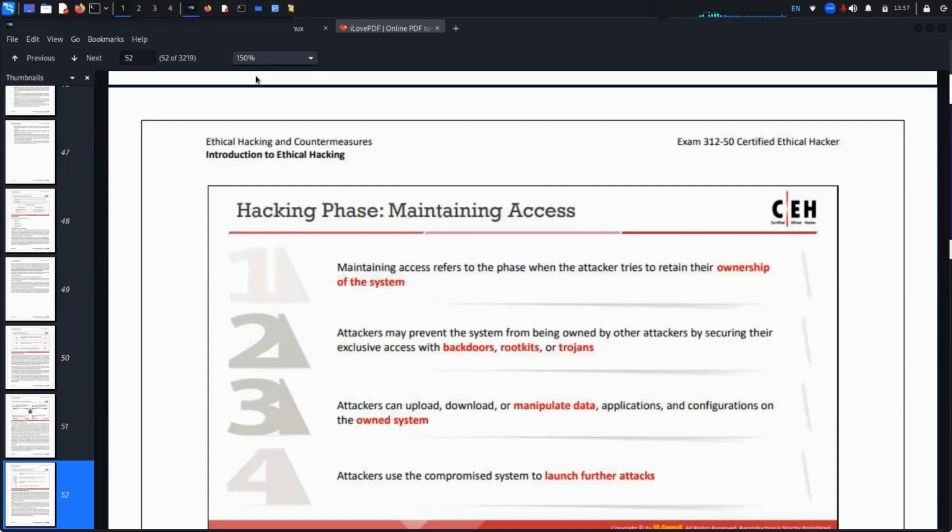Right? So for this example, let's just say that we have installed a malware on a system, which is giving us access to the system. We are stealing data. We are having a good day. But at the end of the day, what this user does not know is that his computer is affected by a malware. What this user does is shut his computer down and leave the office, right?